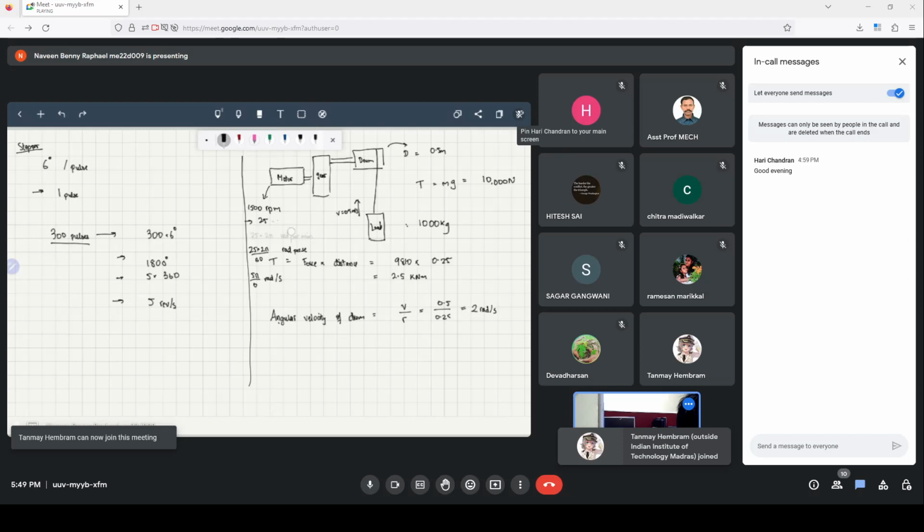I read the question wrong, I'm sorry. 25 revolutions per second translates to 50 pi rad per second, which is approximately 152 point something rad per second.